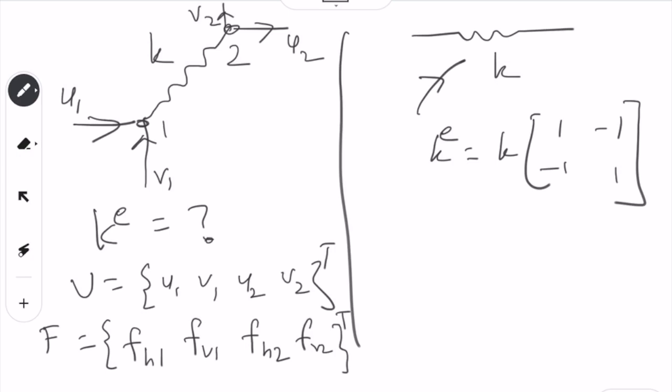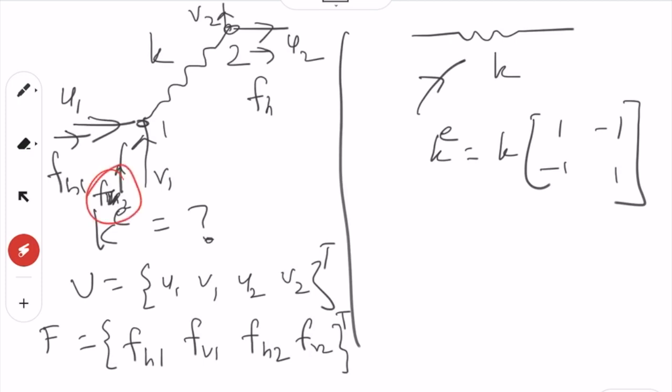So the forces will be: here FH1, FV1 here, FH2, and upward FV2.